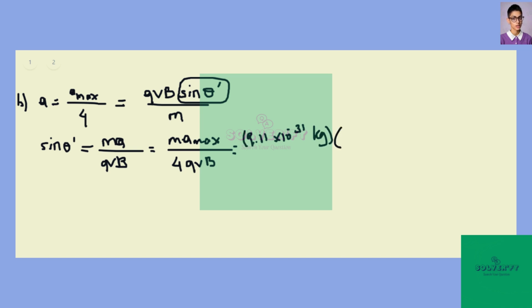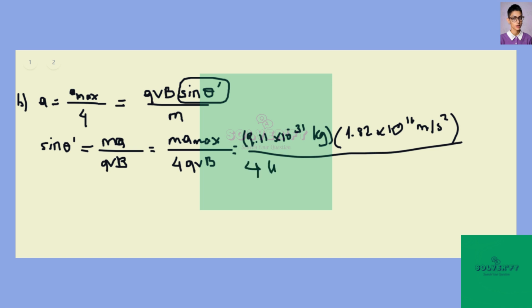And a max we found out to be 1.82 times 10 to the power of 16 meters per second squared, over 4 times 1.6 times 10 to the power of negative 19 coulombs times the velocity, which is 1.4 times 10 to the power of 6 meters per second.